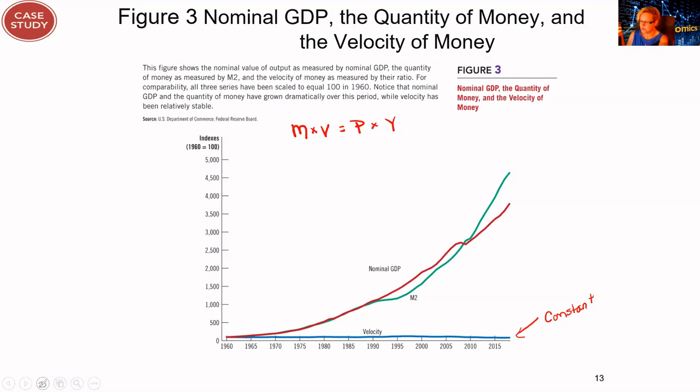Because velocity is relatively constant, what changes is the money supply. Now, if we don't have an offsetting growth in GDP, then that's all absorbed by the price level. If we have growth in real GDP, then you will see both variables, meaning the price level and real GDP, increase, which is actually better.